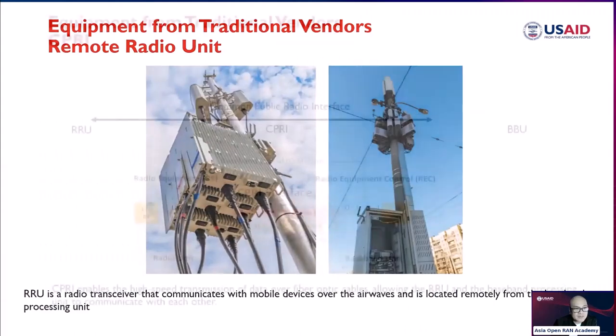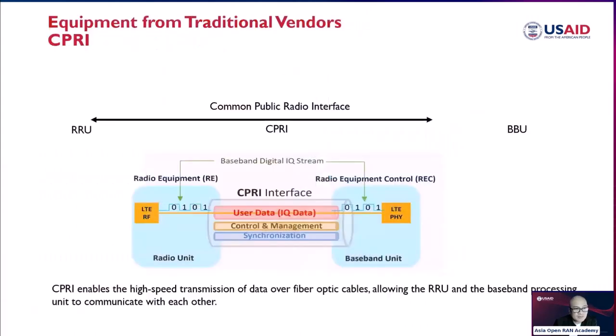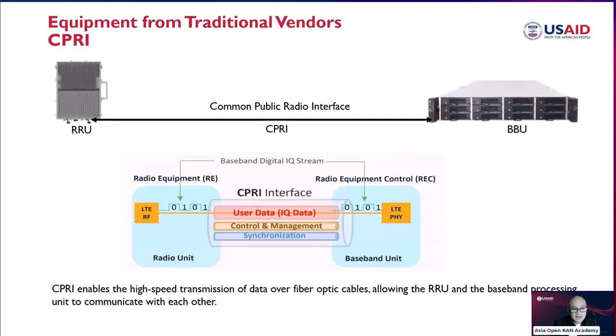And the CPRI, the Common Public Radio Interface, is what enables the high-speed transmission of data over a fiber optic cable, allowing the RRU and the BBU to communicate with each other.